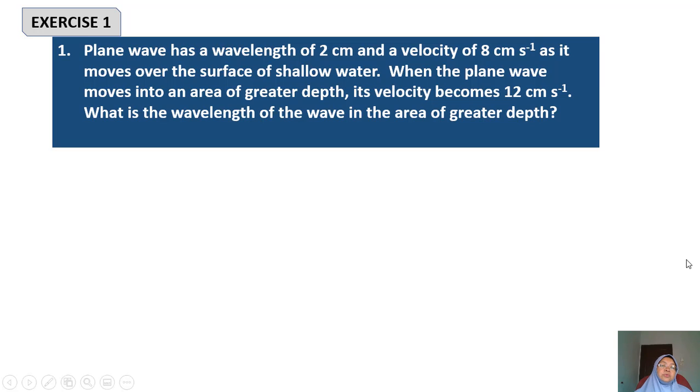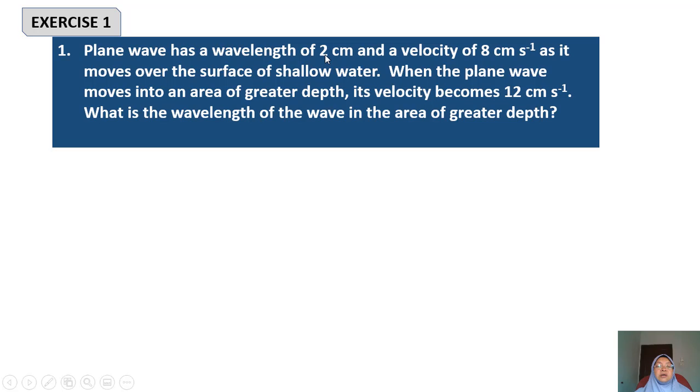Now we do one exercise. Number 1. A plane wave has a wavelength of 2 cm and a velocity of 8 cm per second as it moves over the surface of shallow water. When the plane wave moves into an area of greater depth, its velocity becomes 12 cm per second. What is the wavelength of the wave in the area of greater depth? Remember the formula.